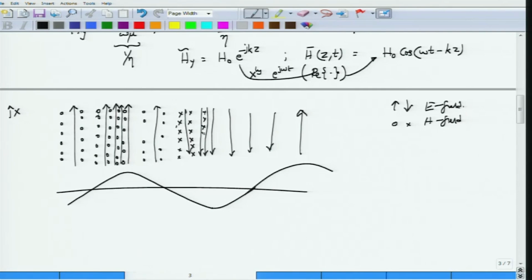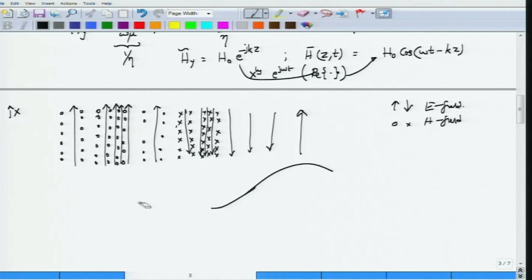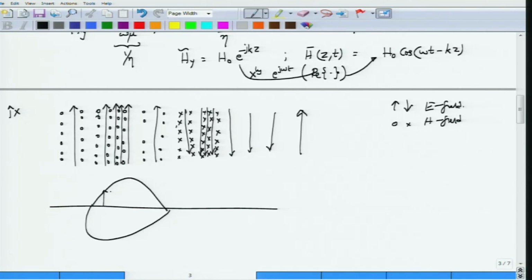So this is how the magnetic field lines would look. They would crowd and then they would separate, and they would change their orientation just as the electric field lines would. This kind of behavior is sometimes captured by drawing the electric field lines and the magnetic field lines in this fashion. You have the electric field lines here, and at the same time you have the magnetic field lines also coming up here.